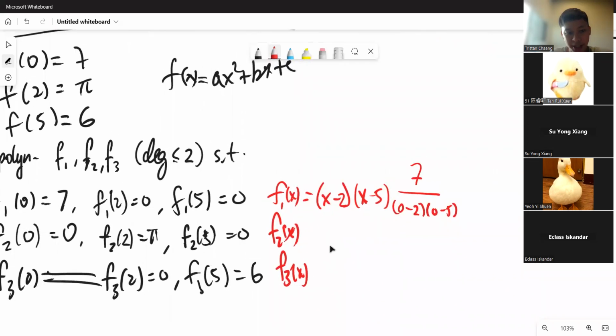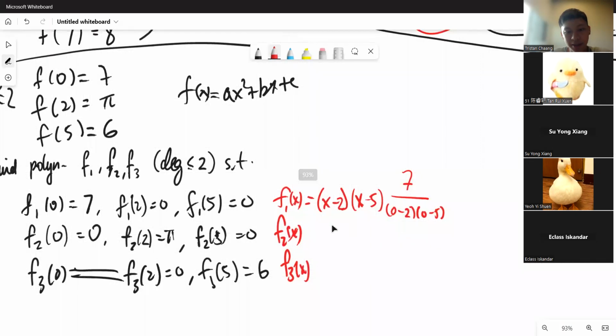Can anyone tell me the next one? What's f2(x)? So that's a 5, by the way.